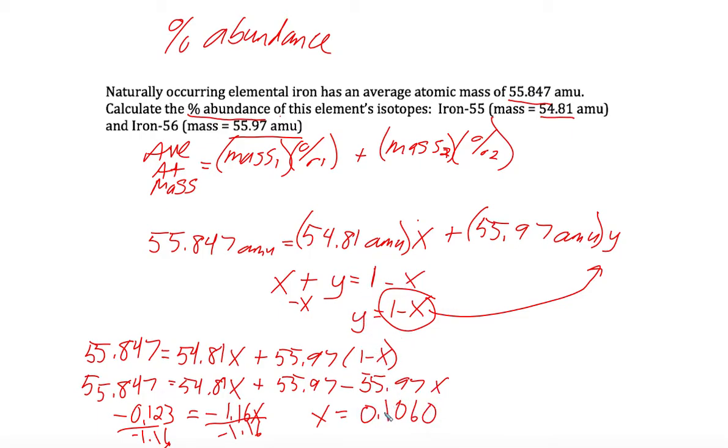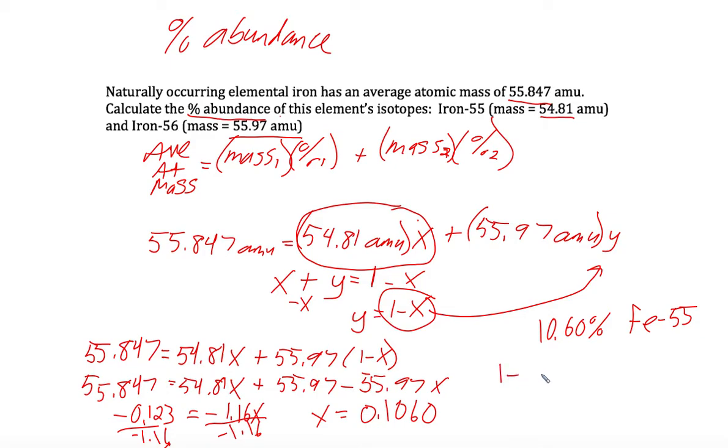This is my x. If I make this a percentage, that is equal to 10.6%. And x was associated with iron-55. So I have 10.60% Fe-55.